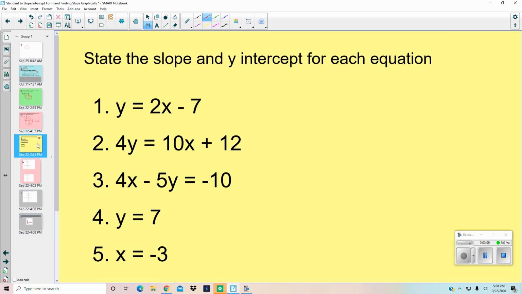So all of these equations here, you should be able to state the slope and the y-intercept. So the first one, the slope is 2, and the y-intercept is negative 7. The second one, you need to divide by 4 first.